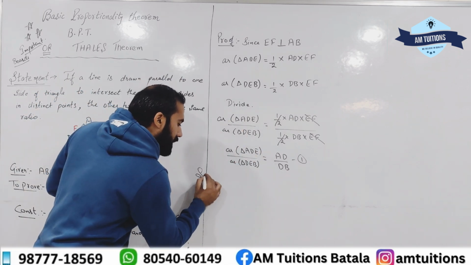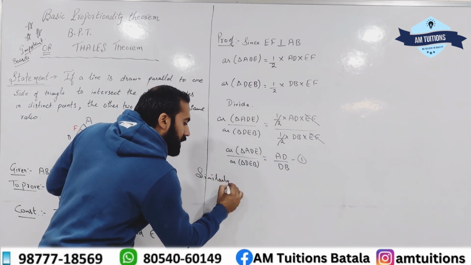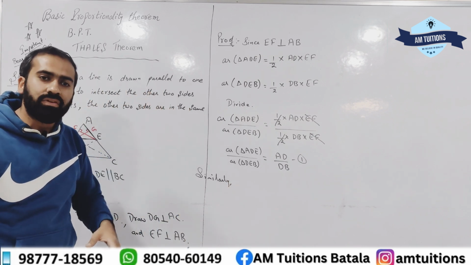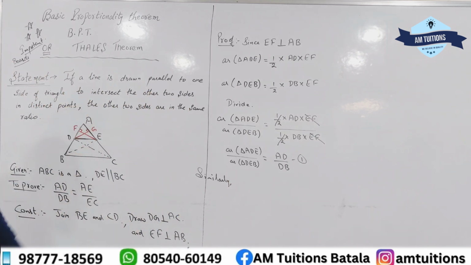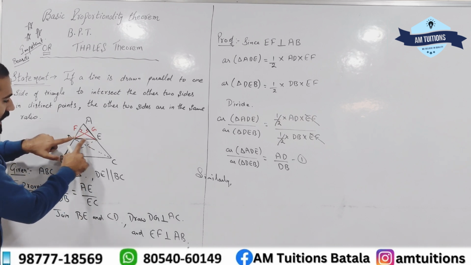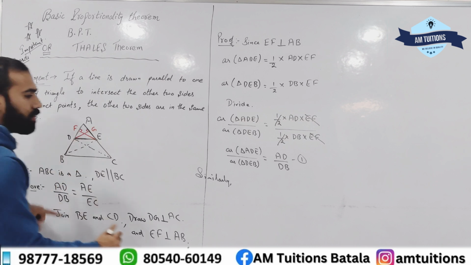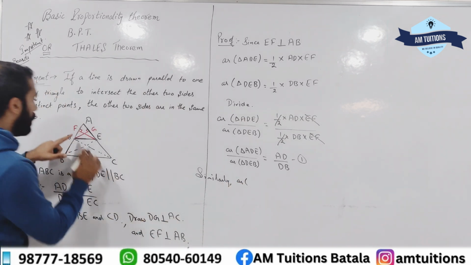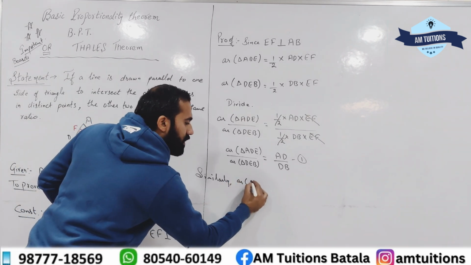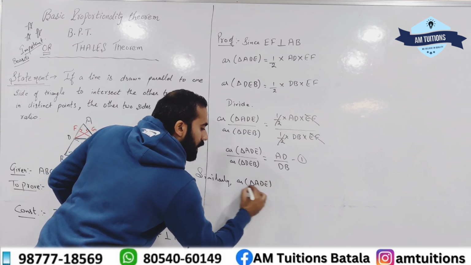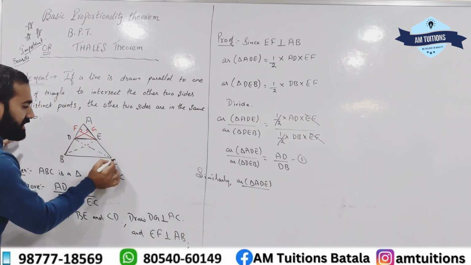Now similarly, you will not have to derive the equation again, you will just take that two triangles, ADE and the other triangle, that is DEC now. So area of triangle ADE will remain same, and triangle DEC now.